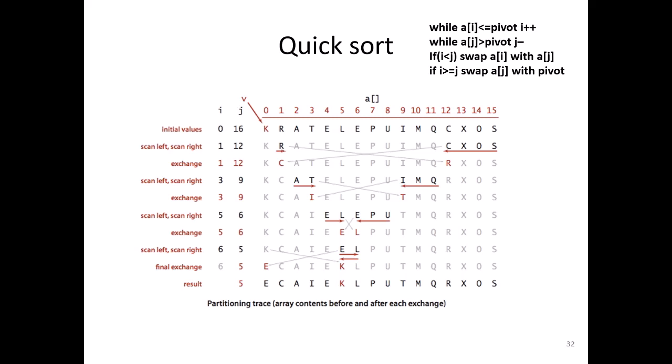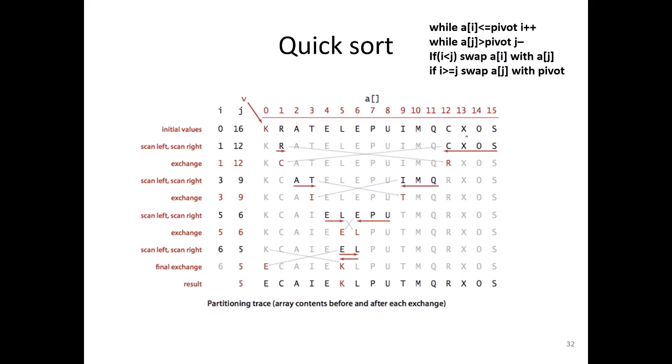Now start from the right side with s. Now s is compared with the pivot element. The pivot element is k. s is greater than the pivot, so just decrement it. When you decrement, the pointer points to 14. Now o is compared with the pivot. o is greater, so you decrement it.